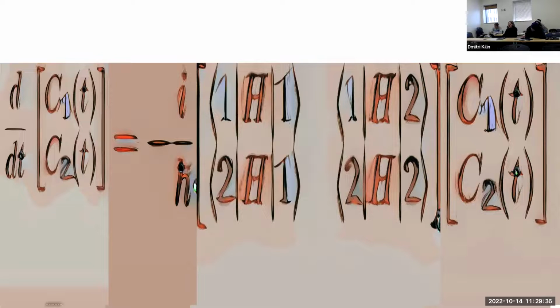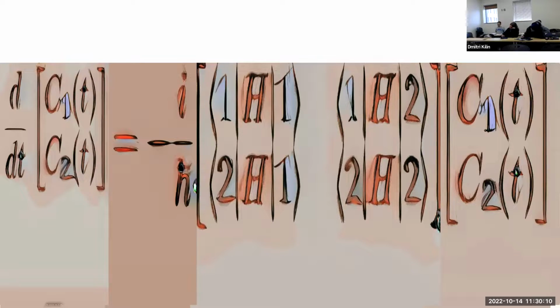The excited state. And if we have <1|H|2>, what is this? It represents a transition. So this is a matrix element of a transition from state 1 to state 2.